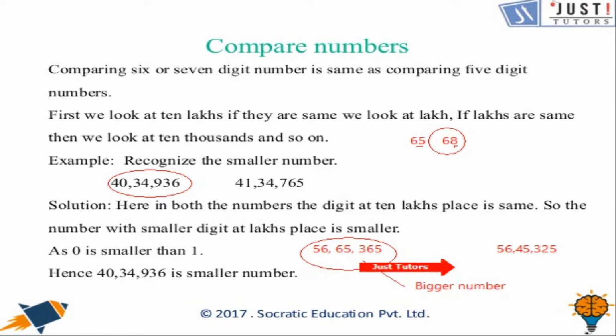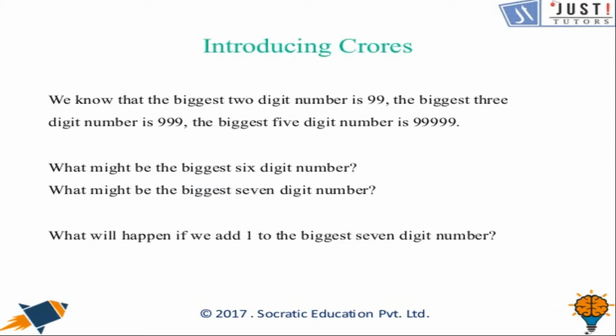Now let's move forward towards the next slide and talk about the crores. Think in your head what could be the biggest 2-digit number. Your guess is correct, that's 99. The same way, let's think of the biggest 3-digit number, that is 999. Let's think of the biggest 5-digit number, which is 99,999.